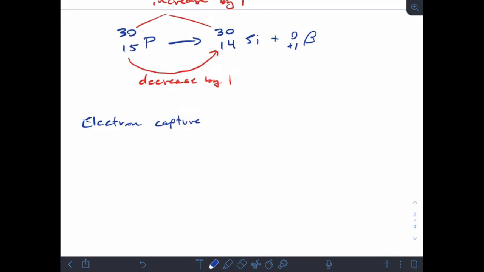Electron capture is when an inner shell electron is absorbed by a proton. When that happens, we take a positively charged thing, we add some negative charge to it, so what does it become? It makes a neutron.